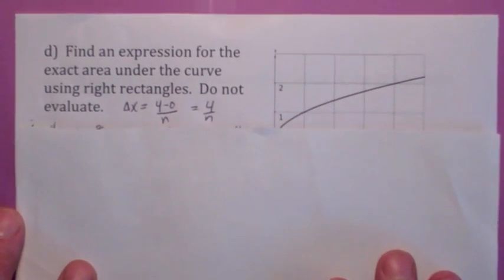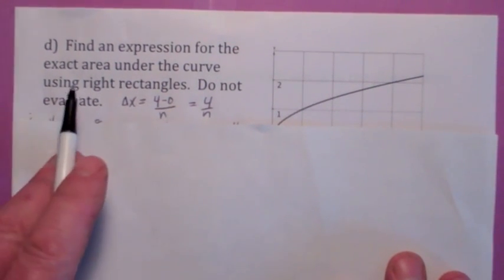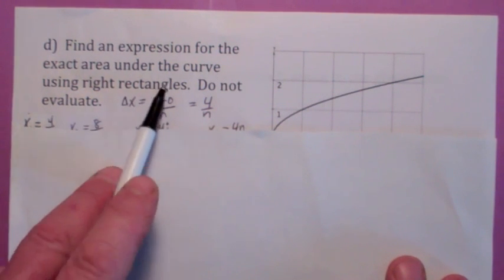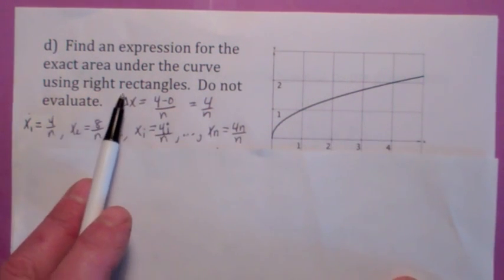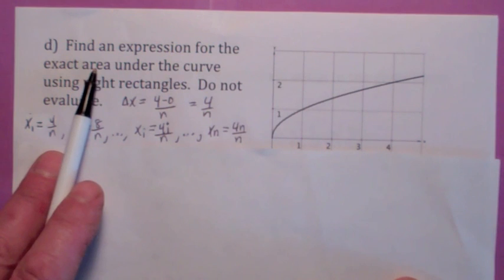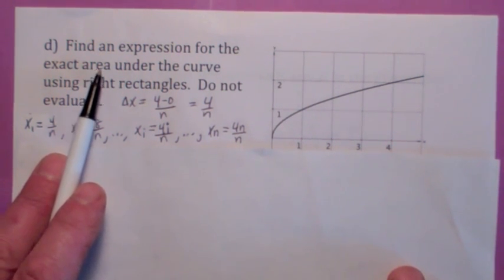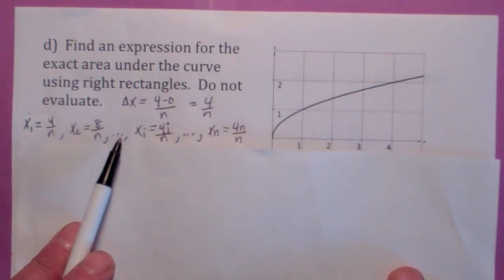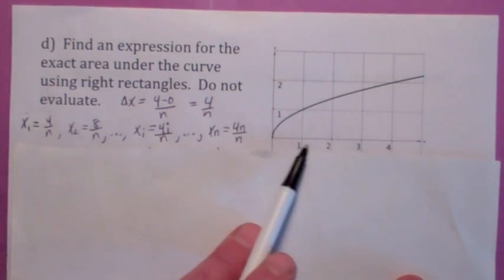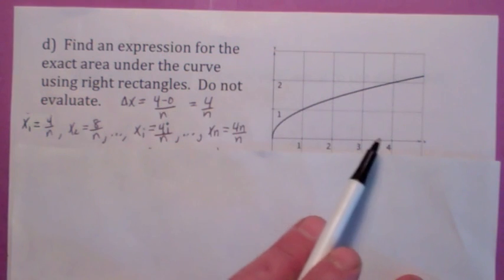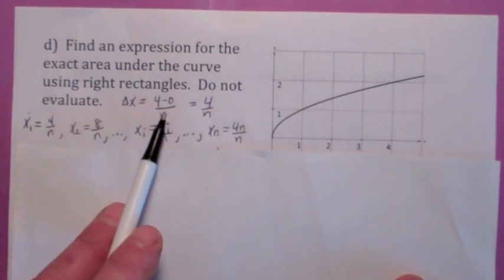Let's find an expression now for the exact area under the curve of f of x equals square root of x. When it says the exact area under the curve, that's A. That's going to be the limit as n goes to infinity of R sub n, right? So we're going to have to compute R sub n. If you have n rectangles, delta x becomes b minus a over n, so it becomes 4 minus 0 over n.